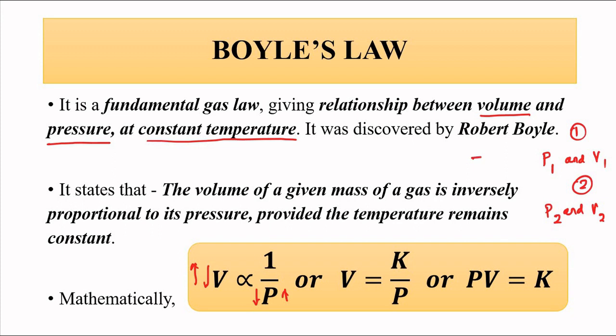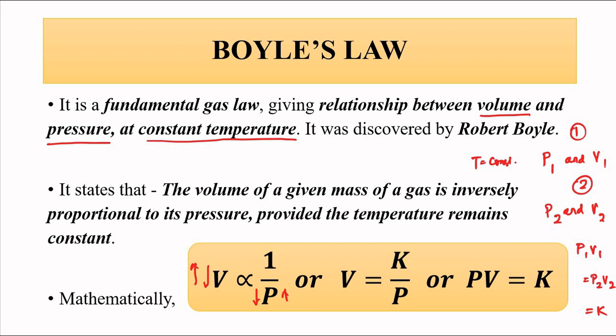Temperature is constant. So, according to Boyle's law, P1 V1 is equal to P2 V2. That is, the product of pressure and volume will always be constant.